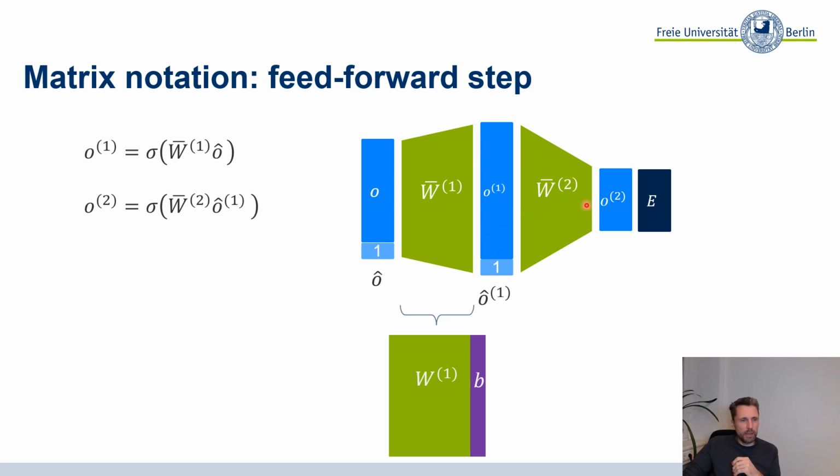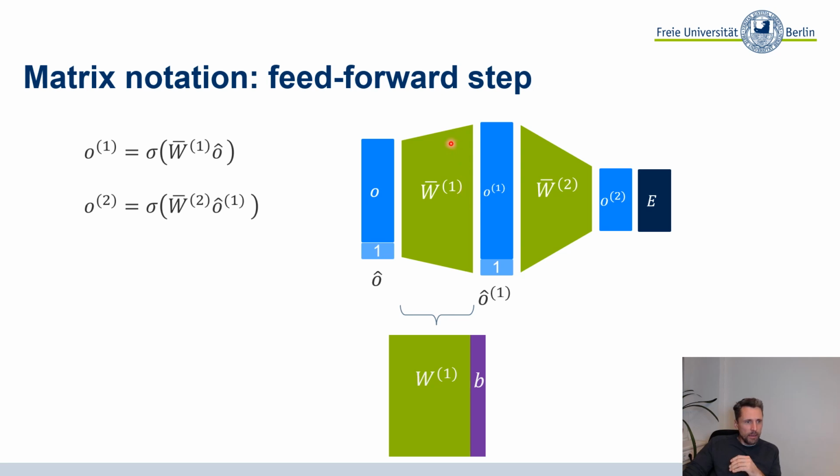They are multiplied with this weight matrix W superscript 2, W hat. And after applying the sigmoid function, we obtain O superscript 2. So those are the outputs. And they then, like we saw before, are compared to the target in these error nodes.